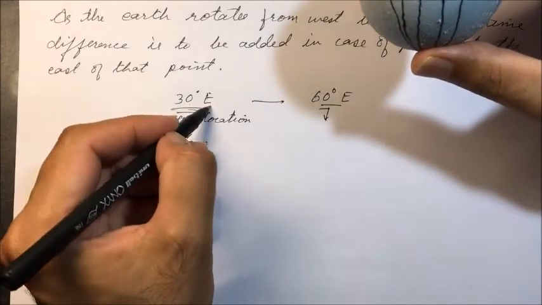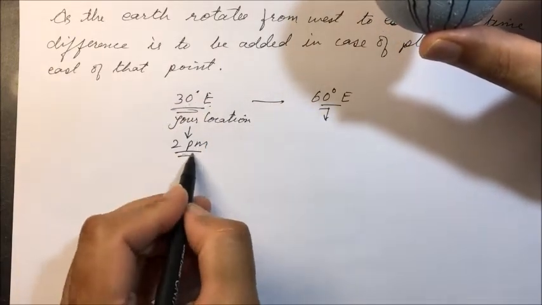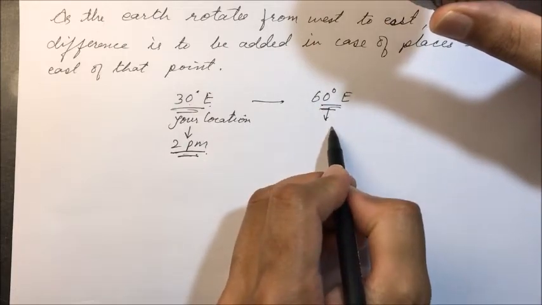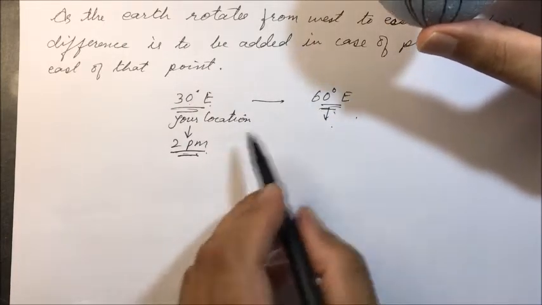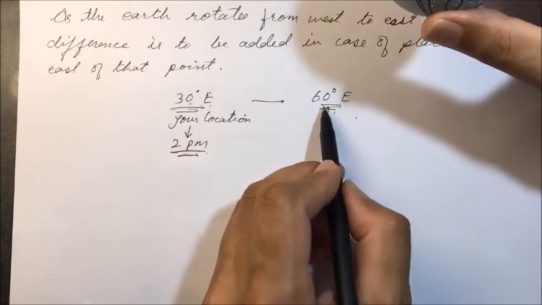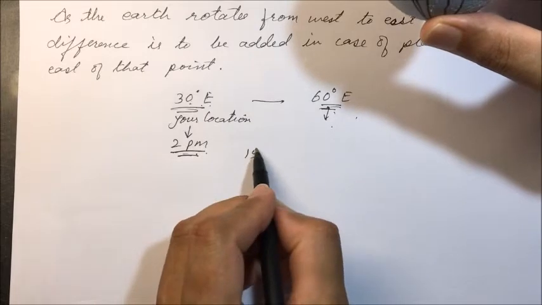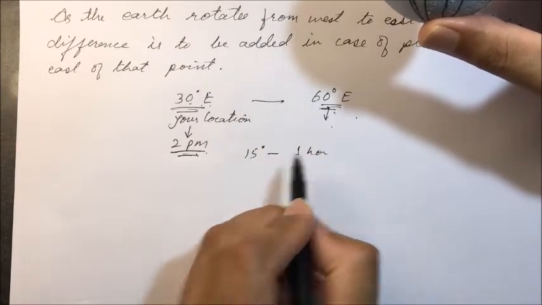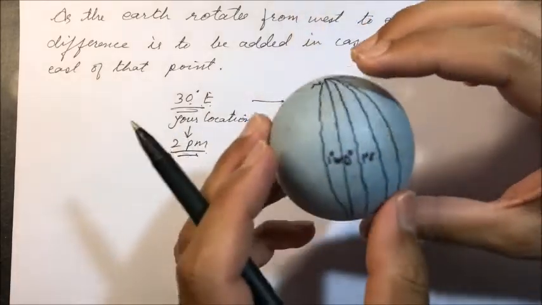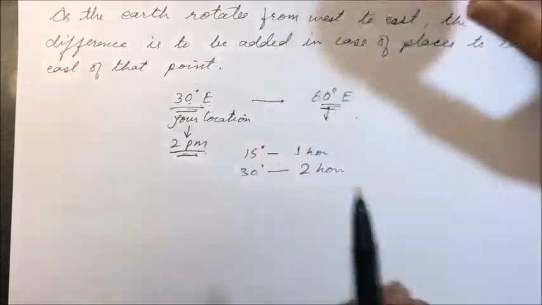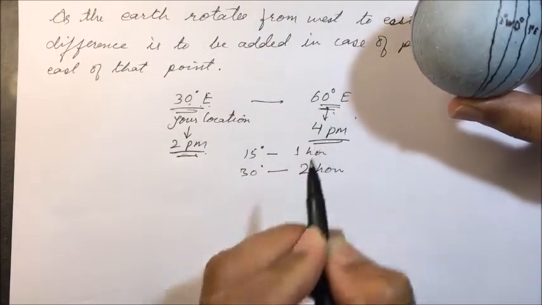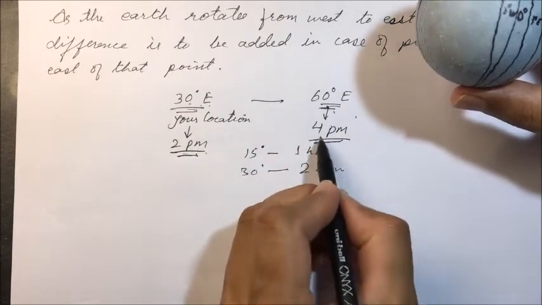How will you find it? From 30 degrees to 60 degrees east there is a 30 degree difference, and every 15 degrees is 1 hour, so 30 degrees is 2 hours. Since he is lying to the east of you, the time has to be added. So at your friend's place it will be 4 p.m. local time.